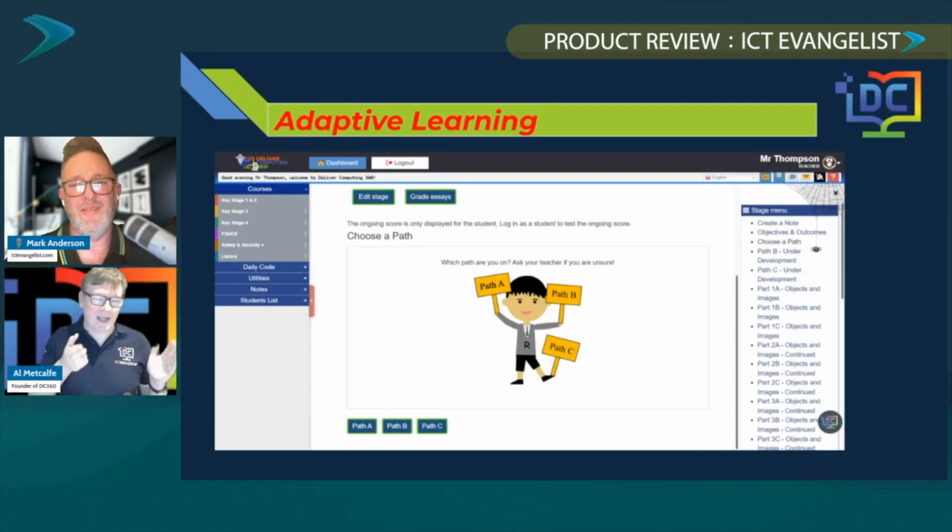And adaptive learning takes every one of our 750 lessons, and we have made those 750 lessons 3 times. Okay, so there are pathways A, B, and C. So you've got the higher ability who would follow pathway A, the middle ability who follow pathway B, and the lower ability who follow pathway C.